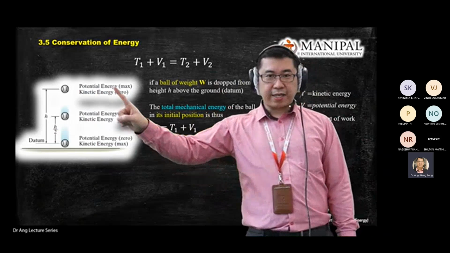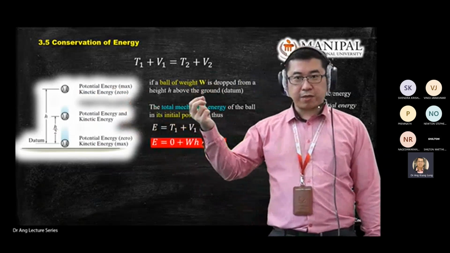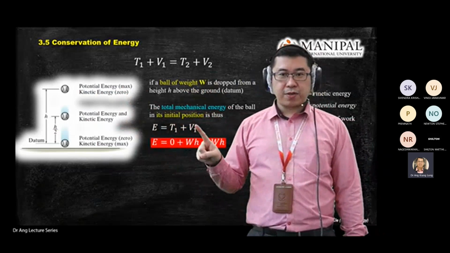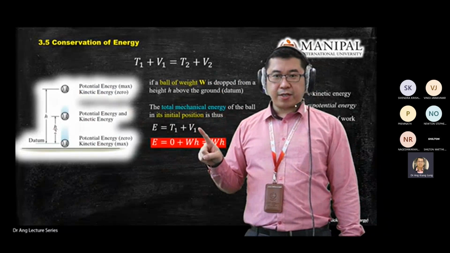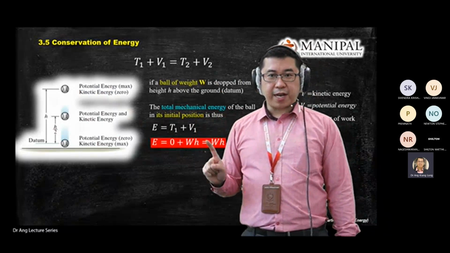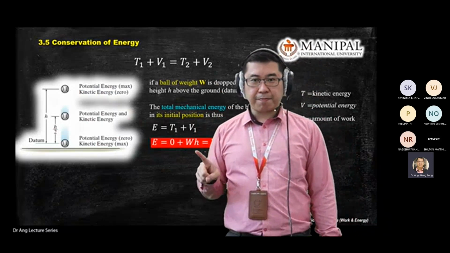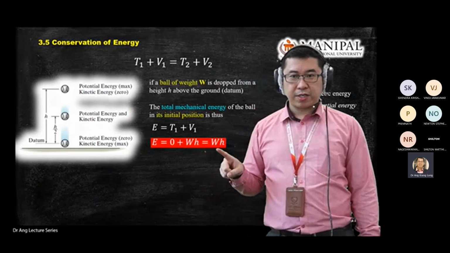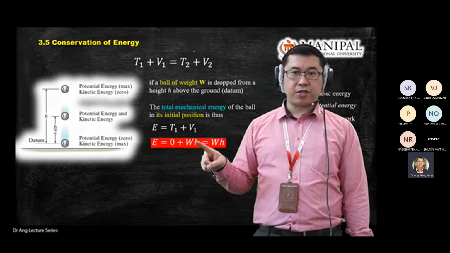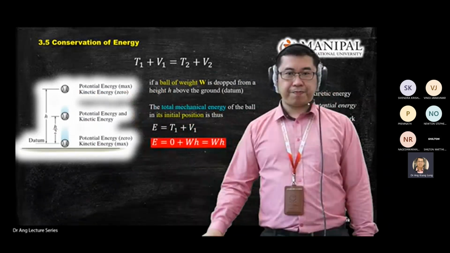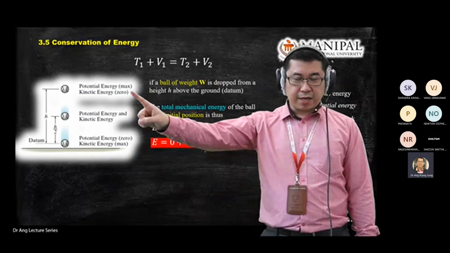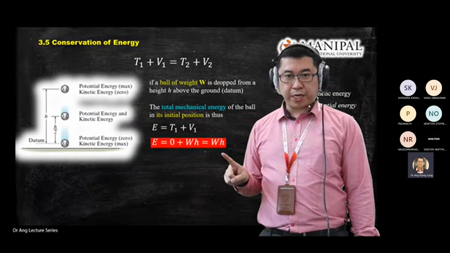At this initial position, the ball doesn't move, so kinetic is 0. Potential energy, because of the elevation from the datum, is positive, WH. Energy at the initial position is WH.